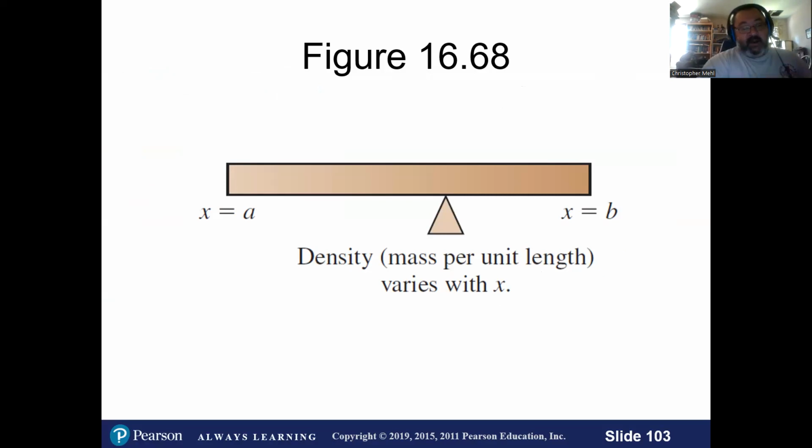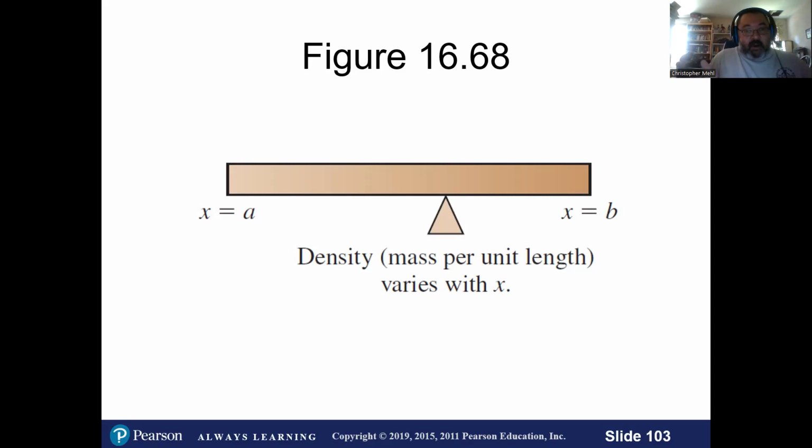So here's my object of varying density. Density is different here than it is here. If I put a coordinate system on there, where would the balance point be? Using that same condition, the same idea that the sum has to be zero, where would that point be?